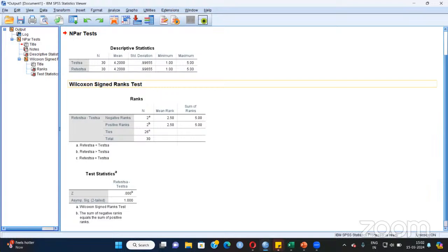Always keep in mind that you have to give much emphasis on the research design. Statistics is important, definitely, but research design is most important.